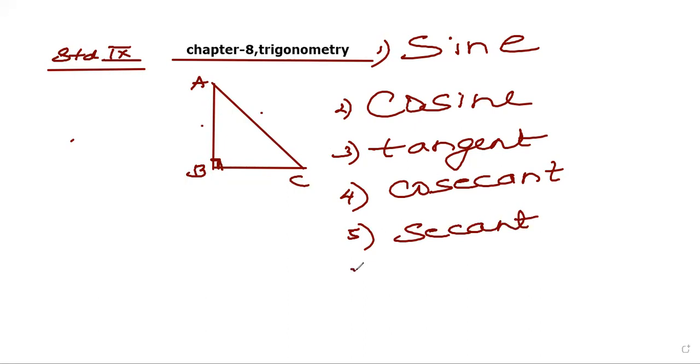And sixth ratio is cotangent. So remember, children, totally 6 ratios. 6 ratios हम लोग निकाल सकते थे साइड्स के. तो 6 रेशियो को स्पेशल नेम दिया गया है. एक का नाम है साइन रेशियो, दूसरे का कोसाइन रेशियो, तीसरे का टैंजेंट रेशियो, चौथे का कोसिकेंट रेशियो, पांचवा सीकेंट रेशियो, 6 cotangent. All the 6 ratios.